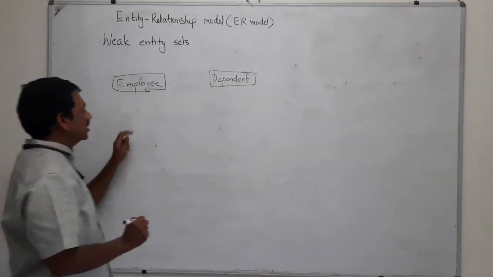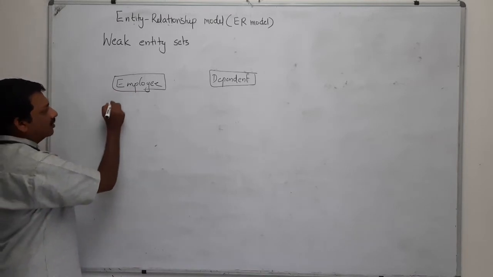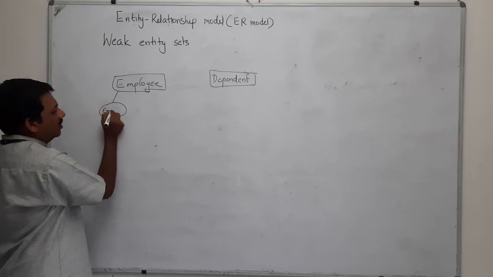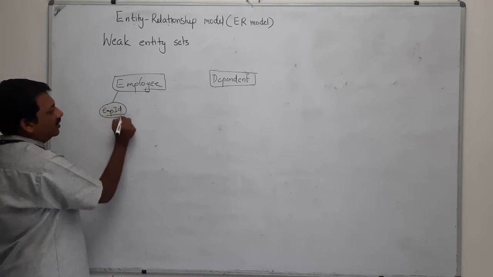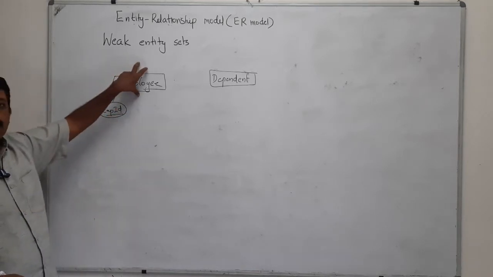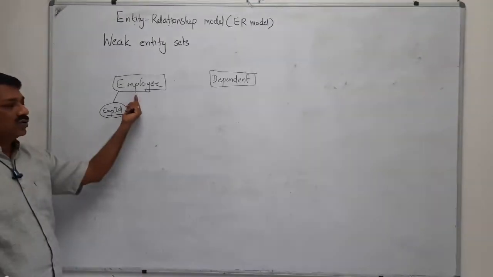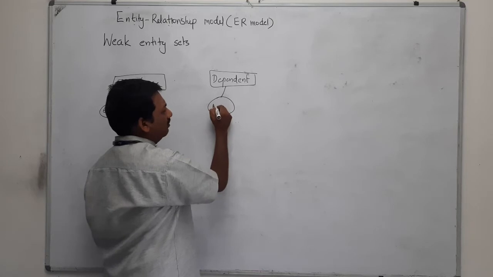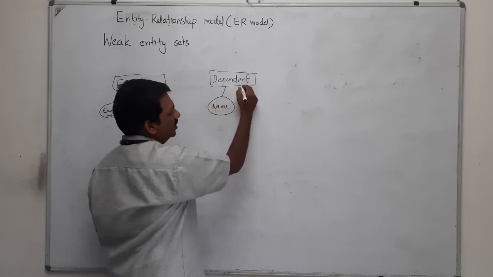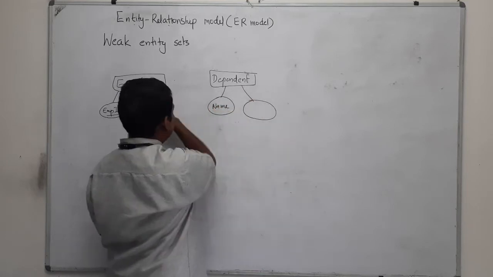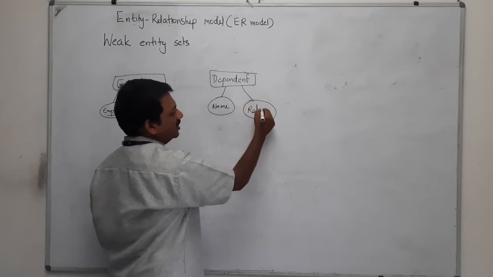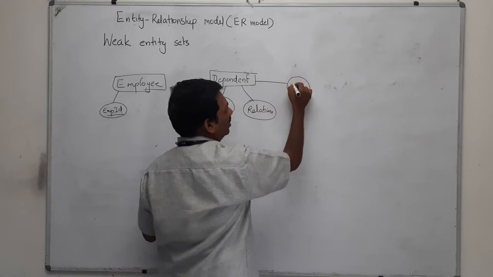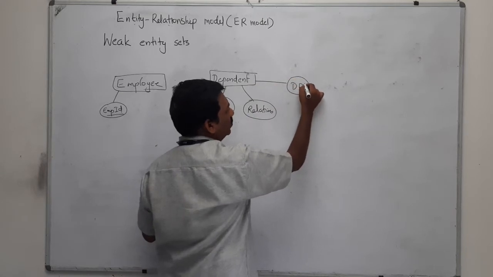The employee has employee ID as the primary key, and some other attributes are also existing. Here, this dependent has a dependent name, a relationship with this employee, and the date of birth is also there.